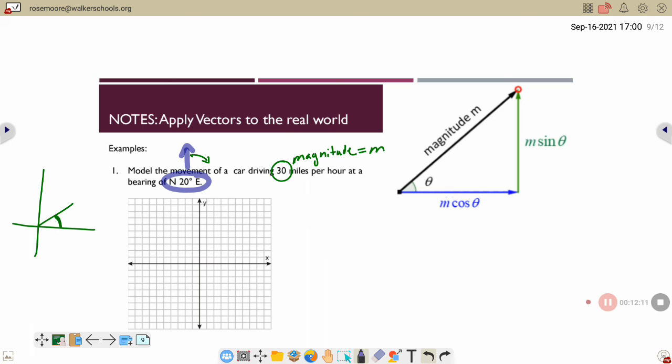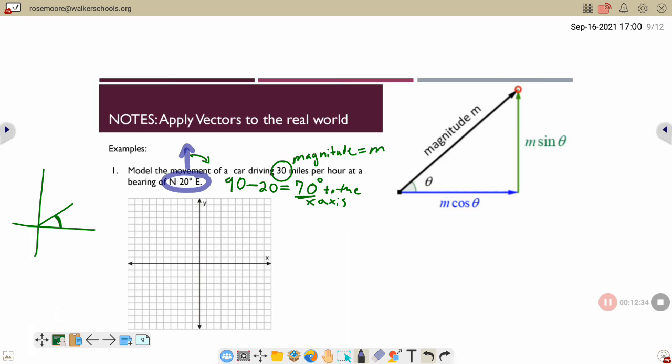So what you have to do is take 90 minus what it gave us. So that would be 90 minus 20, so I am actually going at a 70 degree angle to the x-axis, okay? And 70 degrees is what I'm going to use in my formulas.